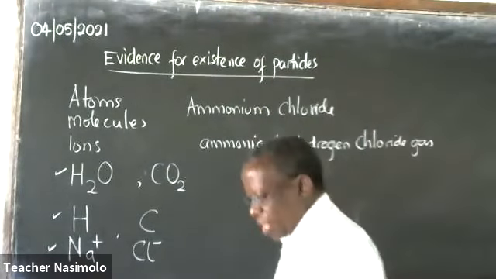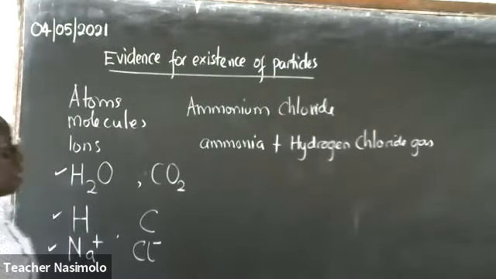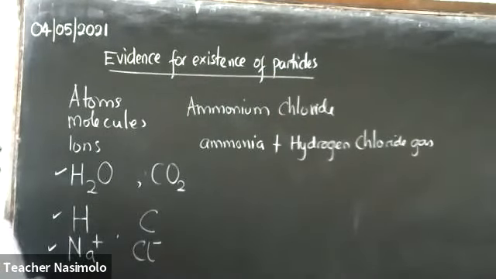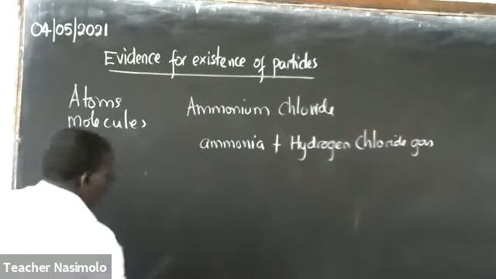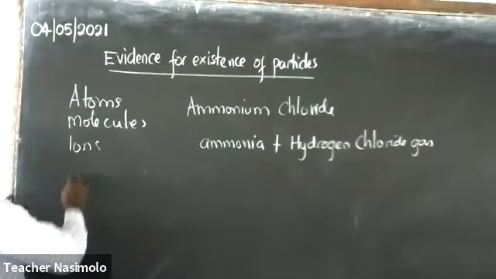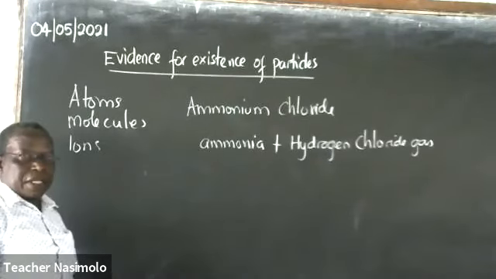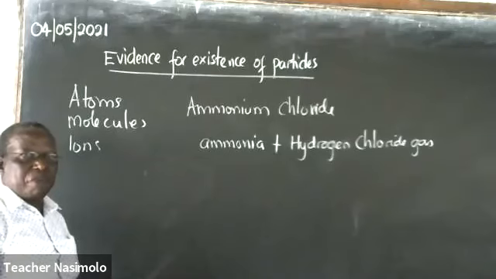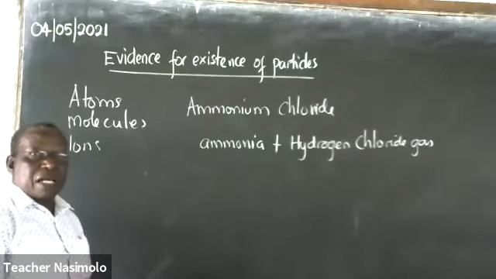So this one is showing us that actually matter is made up of particles. Now the one which I've done last. See, in chemistry we have symbols which we can use to represent the elements, the compounds, and ions.